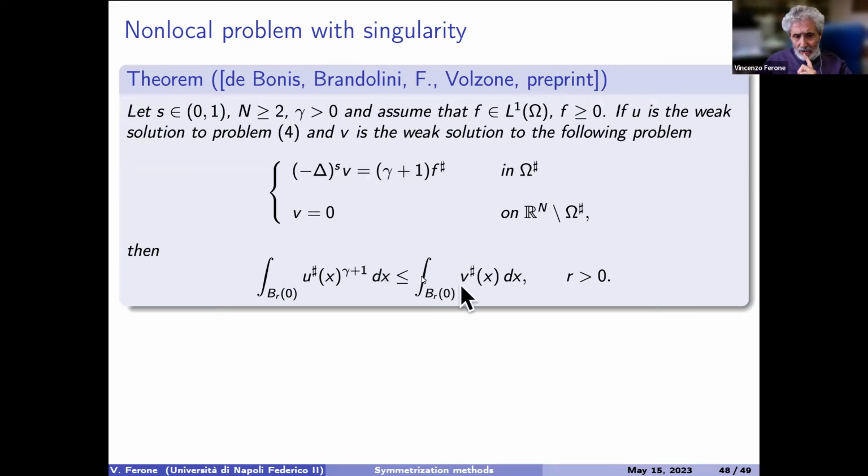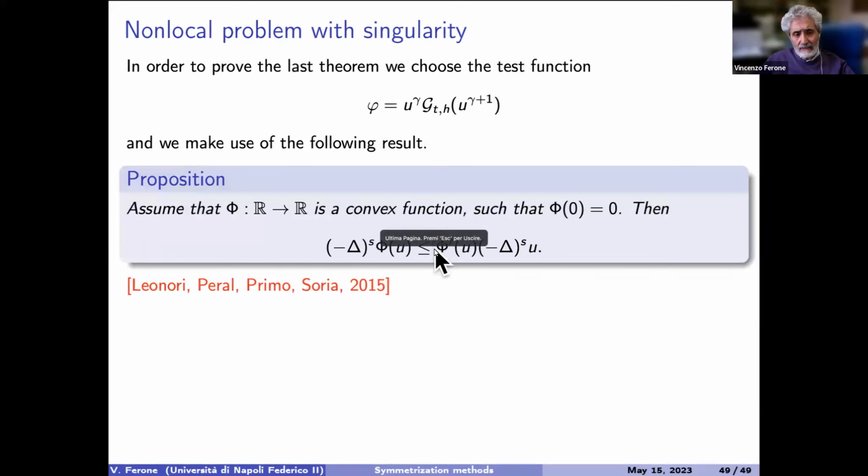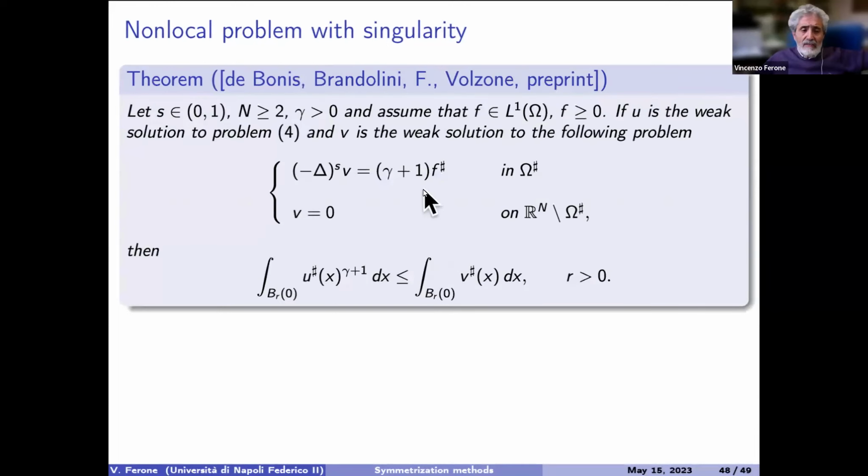And the comparison is not between u sharp and v sharp, but between u sharp to the power gamma plus 1 and v sharp, solution of this equation. And this comes from the fact that our equation, if we multiply by u to the power gamma, essentially, we end up with a problem which is written in this form, plus a term which has a sign which can be thrown away.